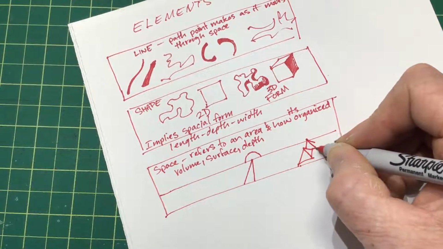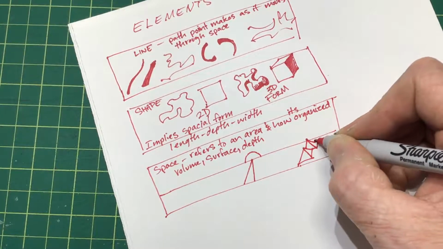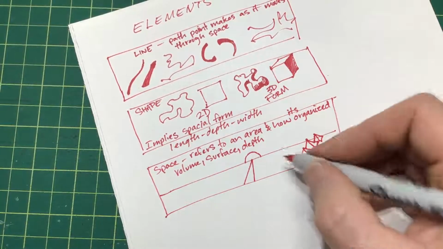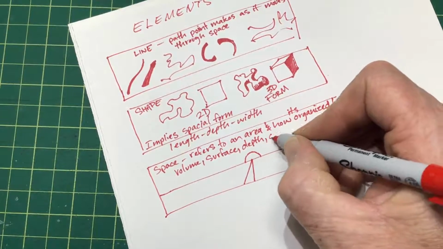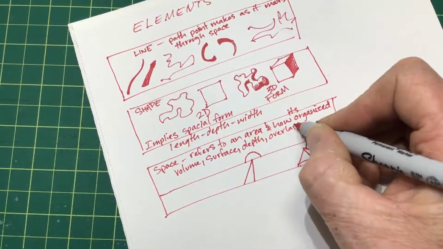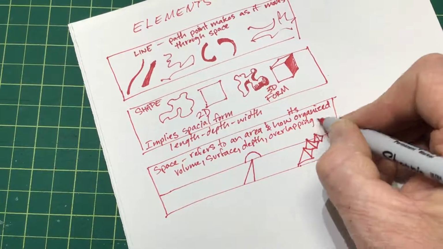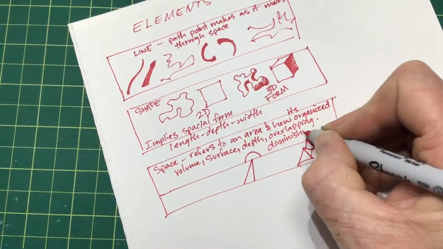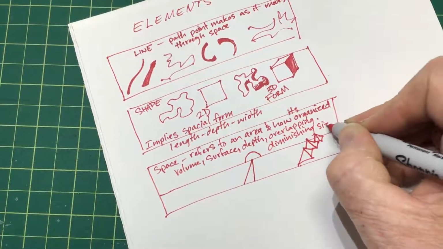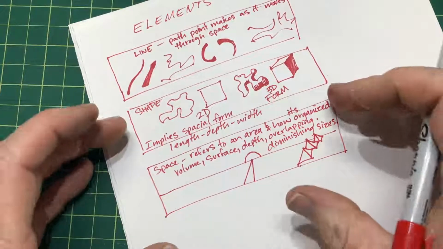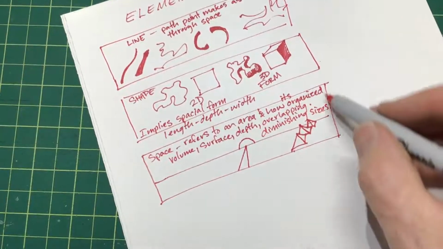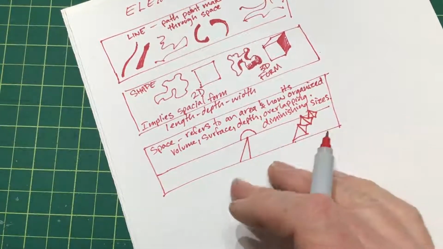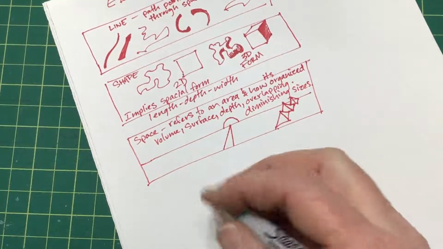So you could draw some little pyramids here, and they're overlapping. Because space does that. We have lots of overlapping, so I'm going to put depth and overlapping, even diminishing sizes. This becomes the most important idea if you can do these well as an artist to convince people of the reality of what you're representing.